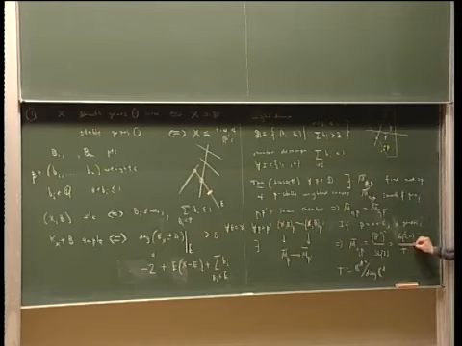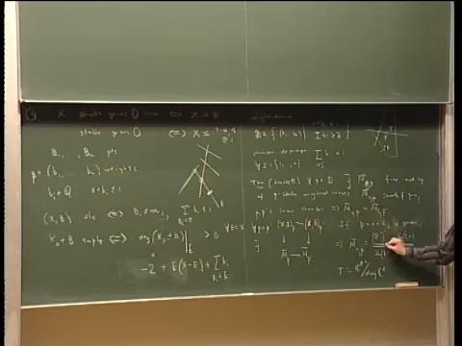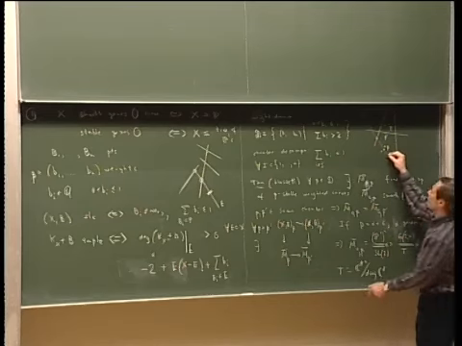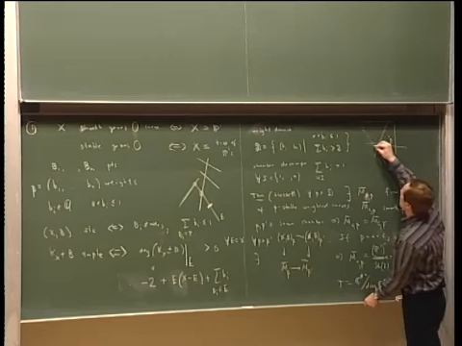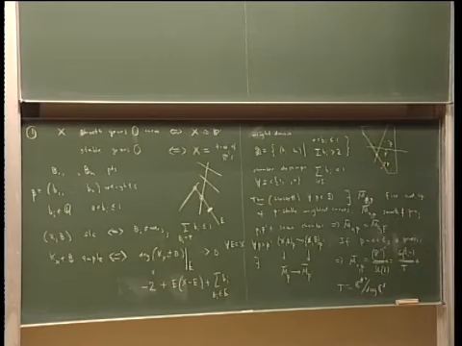When you write these GIT quotients, you have to make a choice of either an ample line bundle or linearization. Such choices are encoded precisely by a point on this face. And so that's the one that appears.